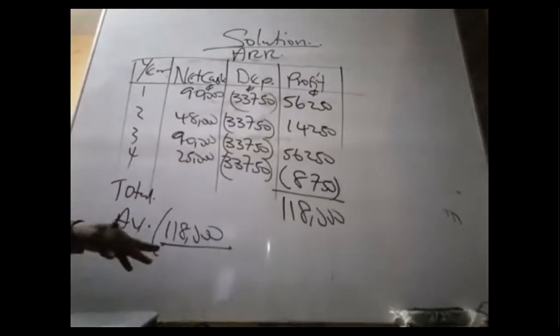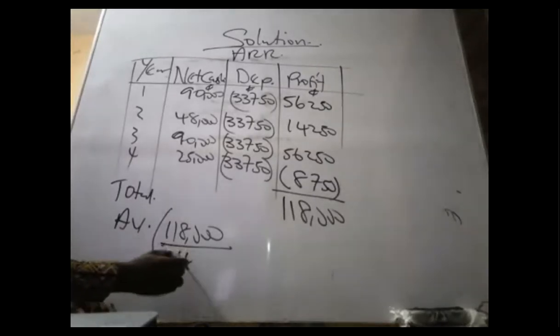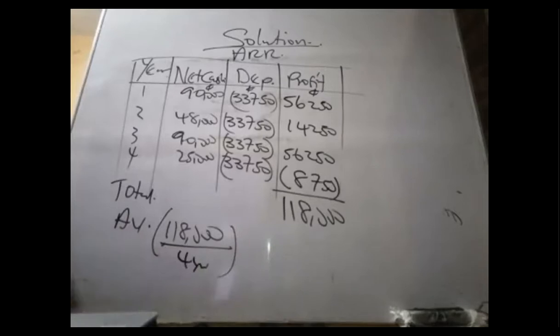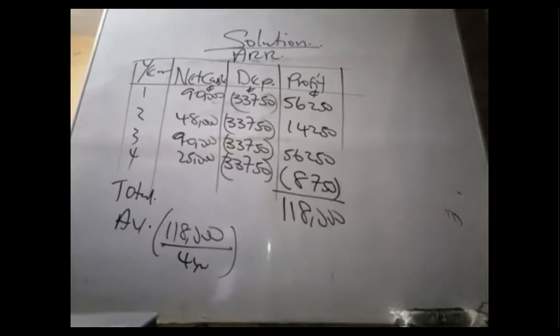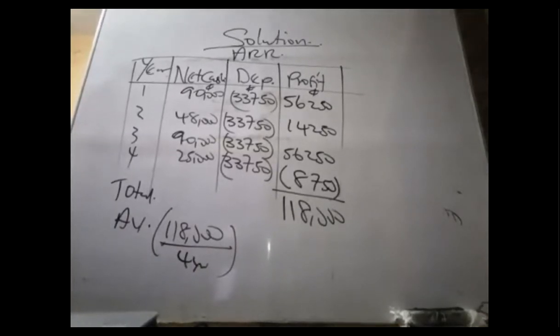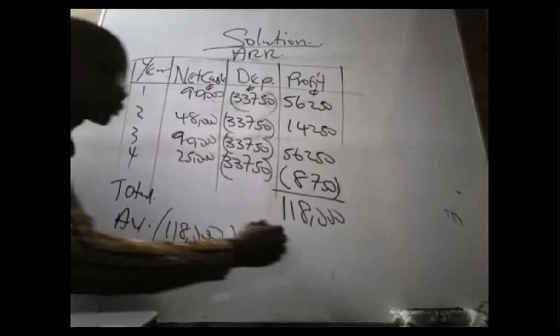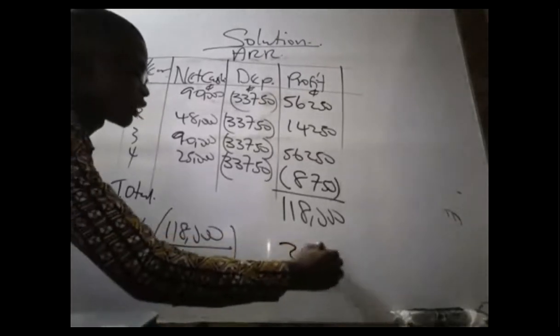How do you get the average profit? It's the total profit of 118,000 divided by the project life, the number of years. The project life is 4 years. Okay, so the average profit is 29,500.